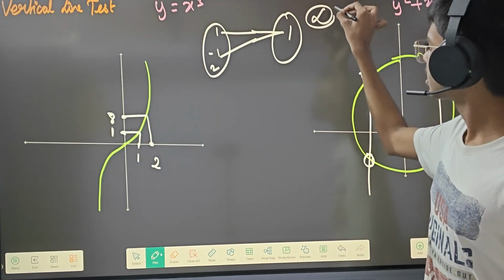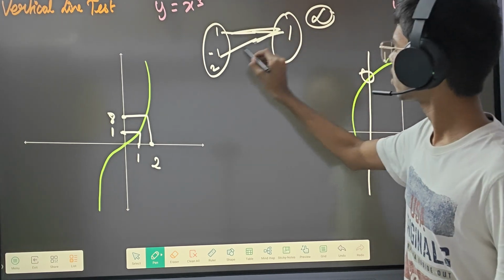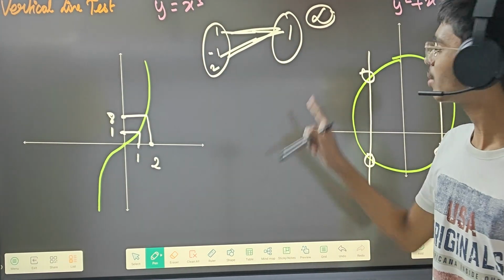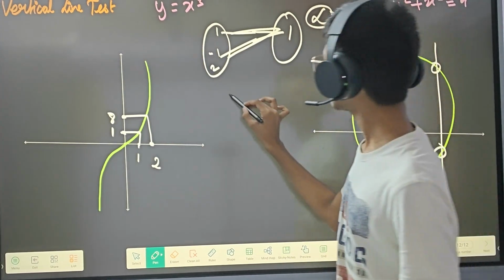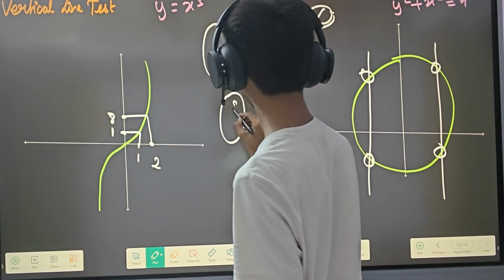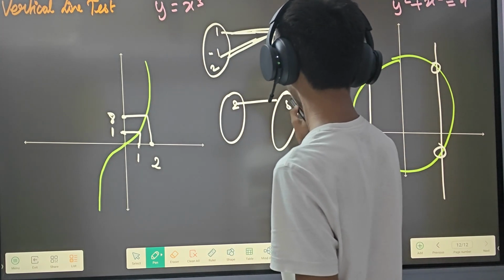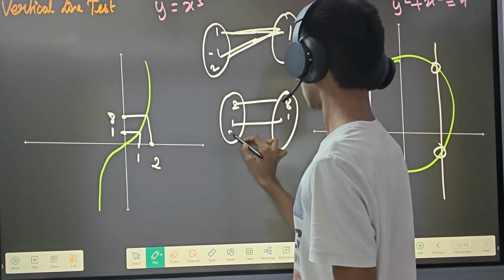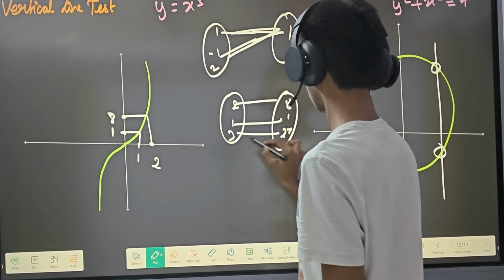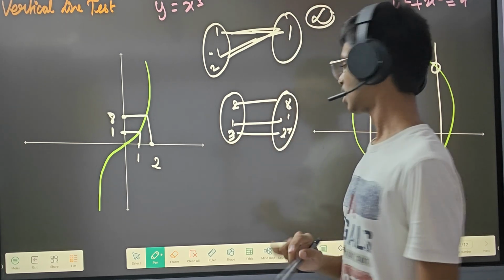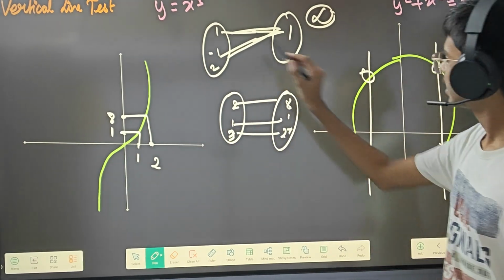This is not a function, I said, right? Because a diagram like this should never come, but a diagram like this is accepted. Like 3, 27, this is accepted, but like this it should never come.